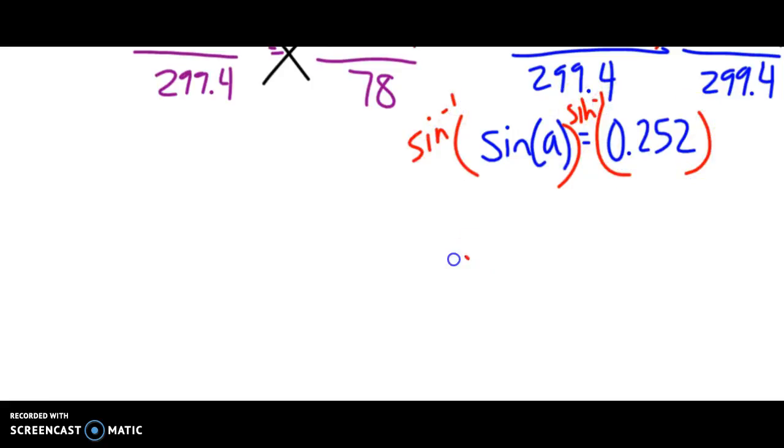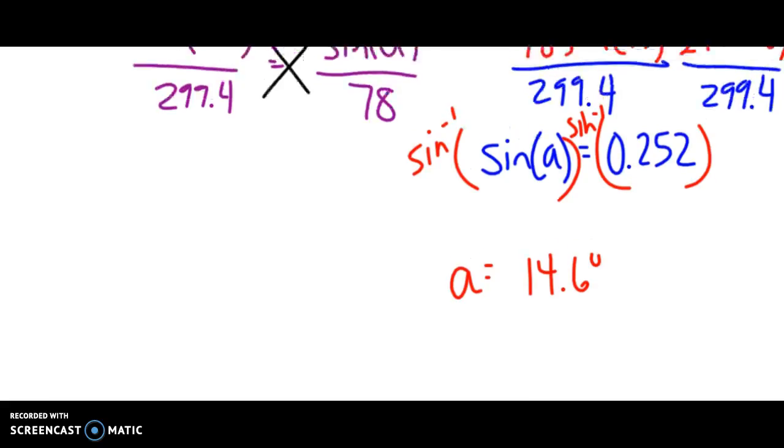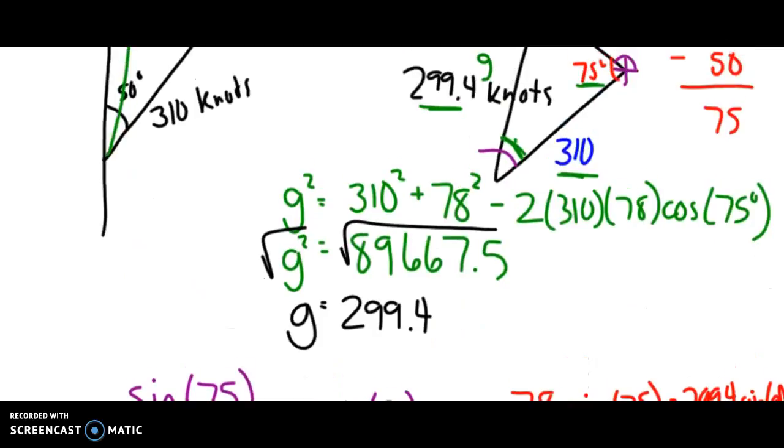And so I end up getting A is equal to 14.6 degrees. Okay, so we did all this work. So what does it tell us? Well, it tells us that this value right here is 14.6 degrees.